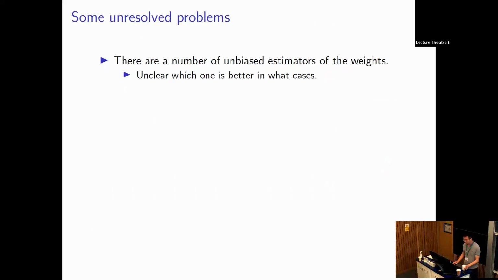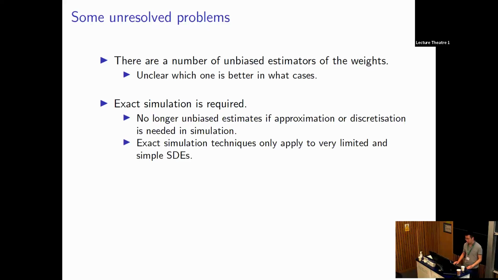But the problem here is that there are a number of unbiased estimators of the weights that I just talked about. We use a Gaussian theorem. This seems to be a straightforward choice, but how about the other types of estimators? Which one is better?